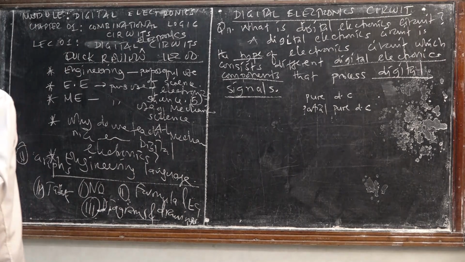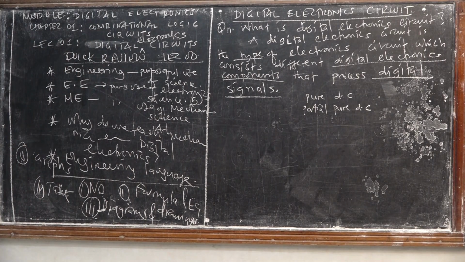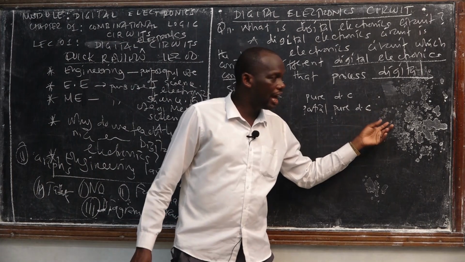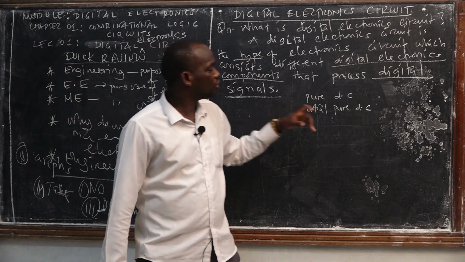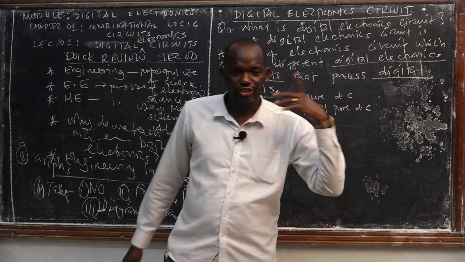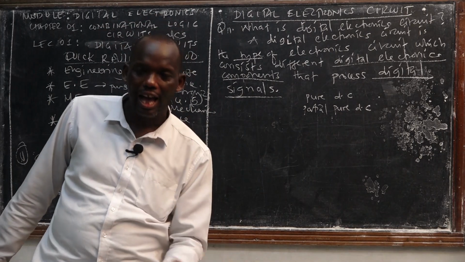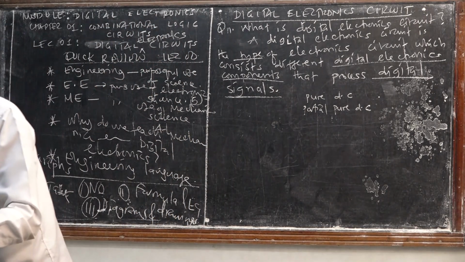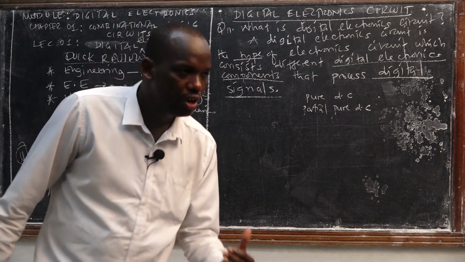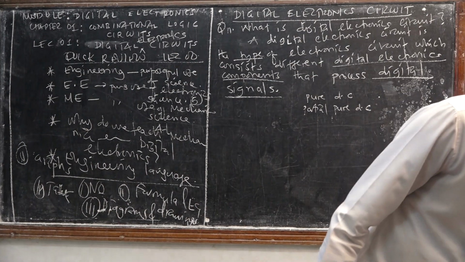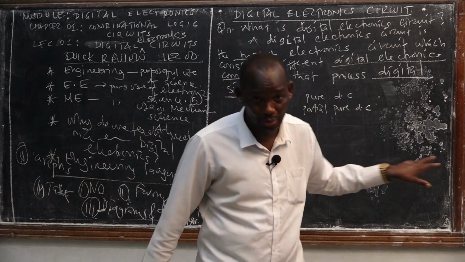You can take a note. A partially pure digital electronic circuit consists mainly of digital electronics components and also some other components such as analog or power electronics components.